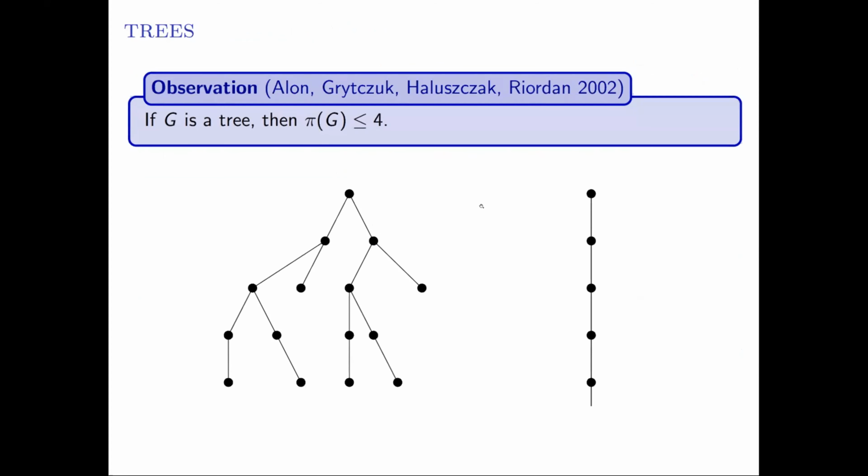Okay. And then you take a non-repetitive coloring of a path with 3 colors that we know exists. And then you assign these colors to the layers. So the first layer would have color 1, the second layer would have color 2, the third layer would have color 3, the fourth layer would have color 1, and so on. And you try to prove that this is non-repetitive.